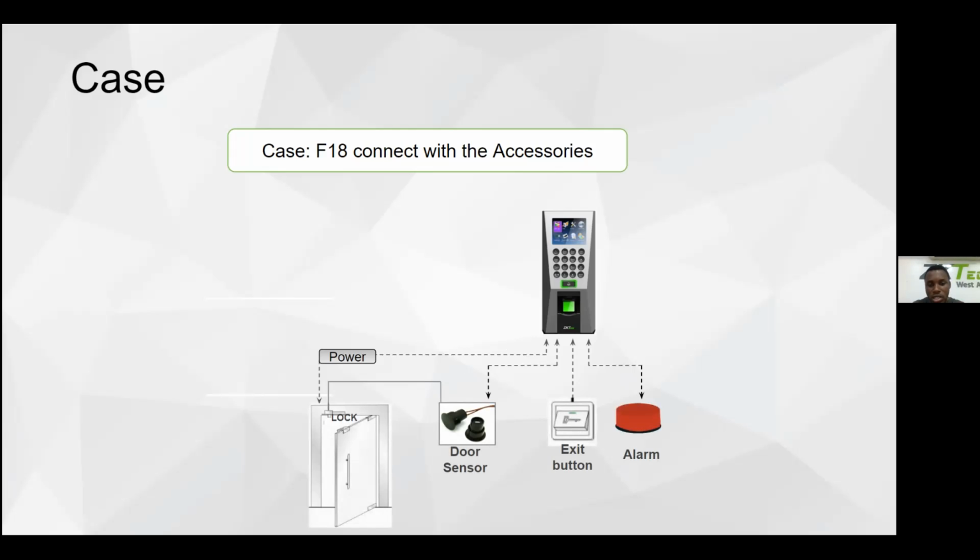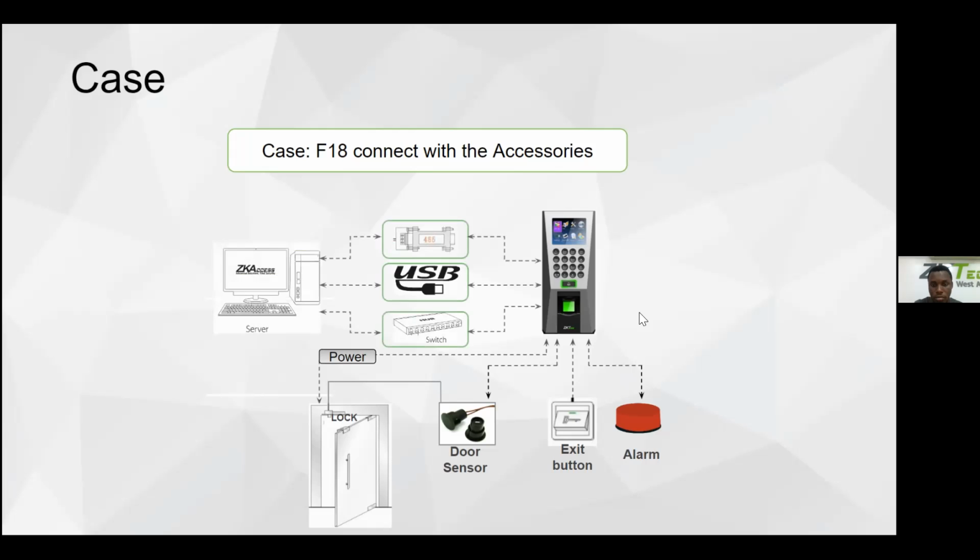So all of these things: by the time you get this, you are supposed to get all of these accessories with it, to make your door or your access control more efficient and effective. After all of this is connected, you connect it to a switch, and then your switch is connected to a server.